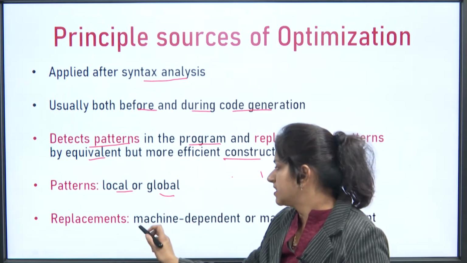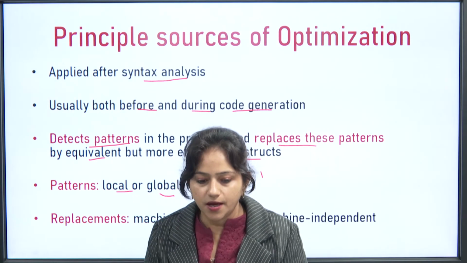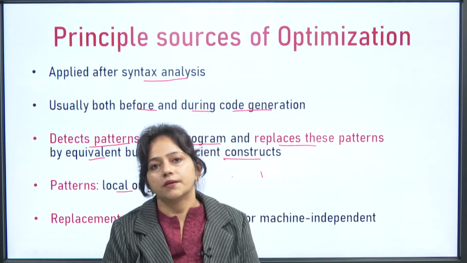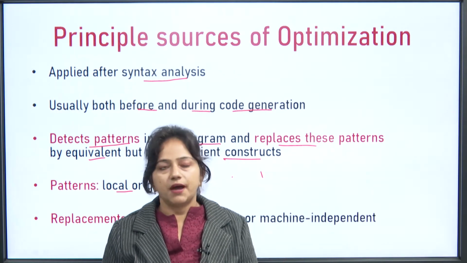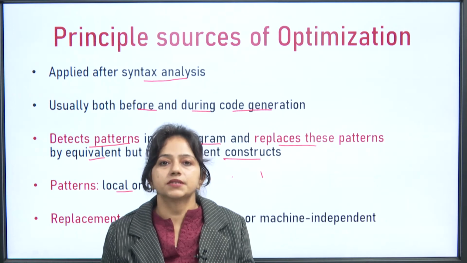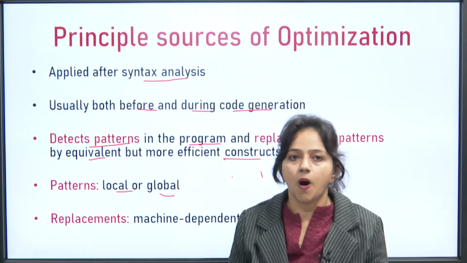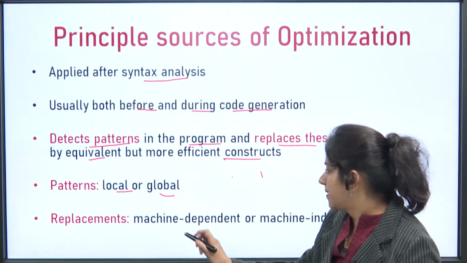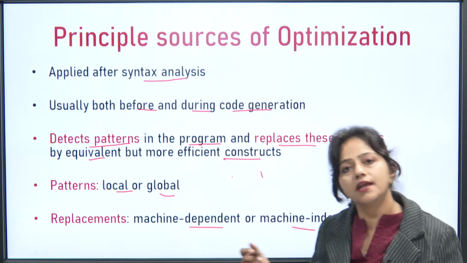Next is the replacements. In the previous classes we already talked about the 3-pass compiler, and where the optimization schemes come in. Optimization schemes can be of two types, machine dependent or machine independent optimization. So, here the replacements can be machine dependent or machine independent.